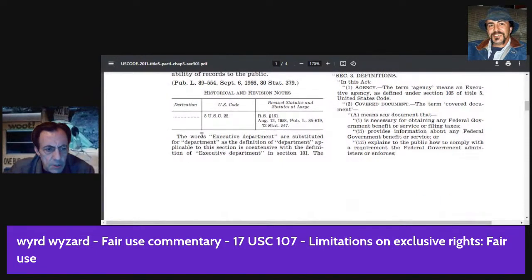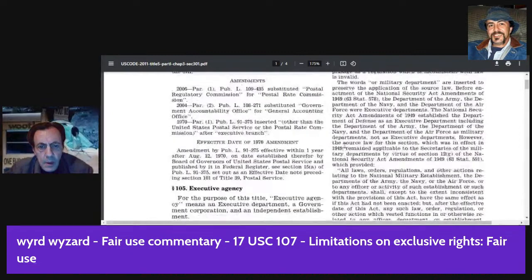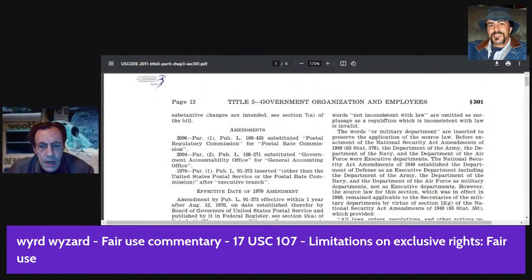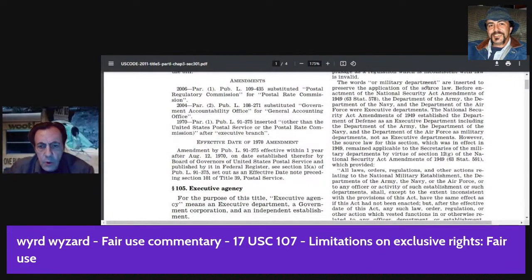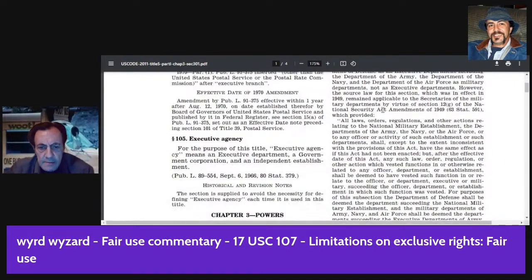When we go down here, it says the words executive department are substituted for department, as the definition of department applicable to this section is coextensive with the definition of executive department in section 101. The words not inconsistent with law are omitted as da da da da. The words or military department da da da da.